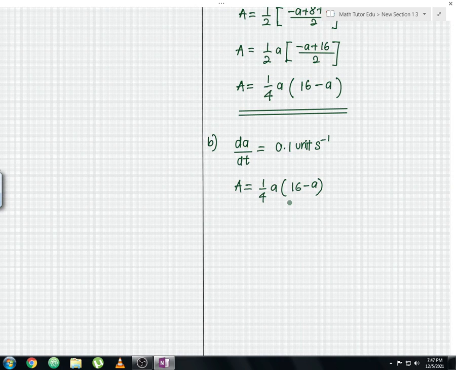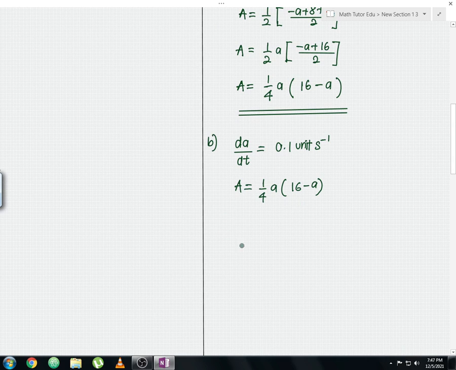To differentiate this, you can use two approaches. Either you multiply it out straight away and then differentiate it, or you can use the product rule. But in this case, I recommend you multiply straight away and then differentiate, so it will require a shorter time.